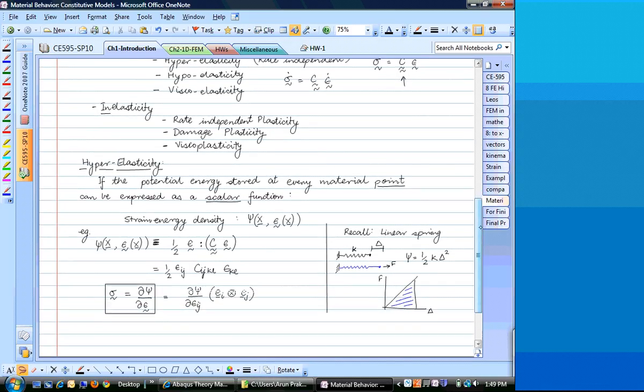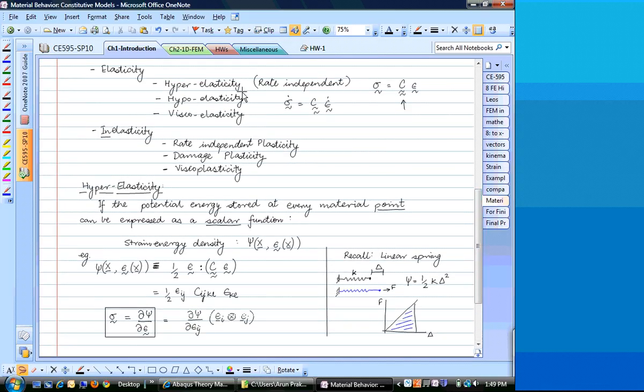So what we'll stick to is hyperelasticity, and what hyperelasticity is all about is this right here, the definition of hyperelasticity. If you go to a material point, and if you can find a scalar function that defines the potential energy stored at that point, then you can call this material a hyperelastic material.